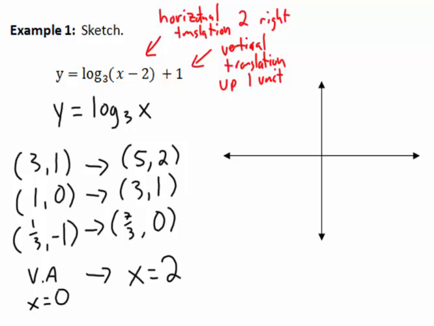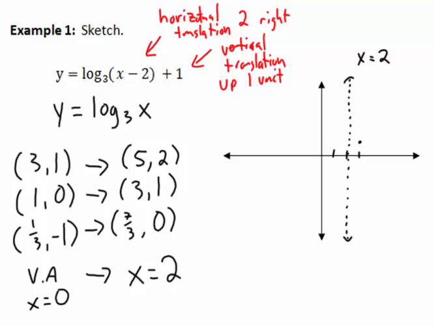So let's do our sketch. Let's sketch in our vertical asymptote, which is at 2. So we'll have a dotted line at x equals 2. And from there, we can sketch in the rest of our points. (3, 1) will put us right about there.